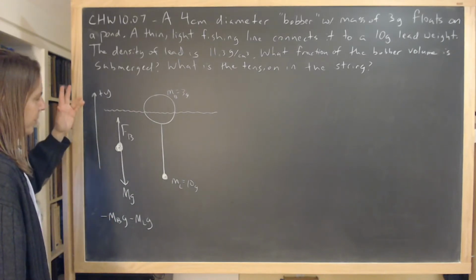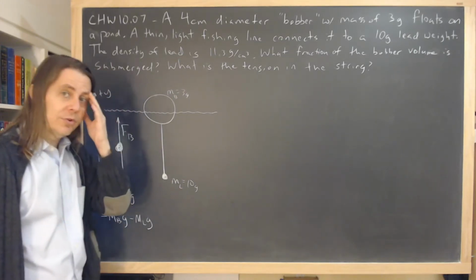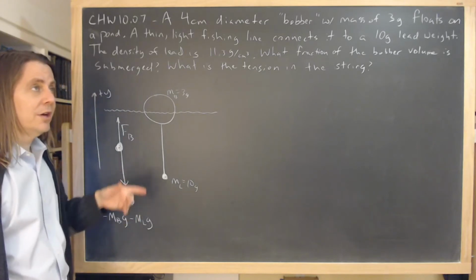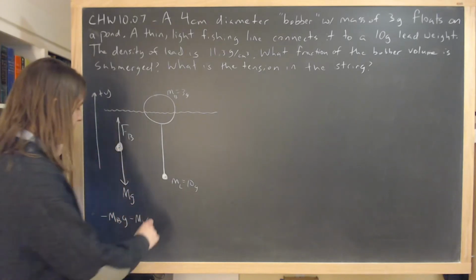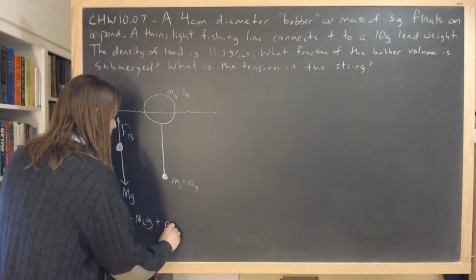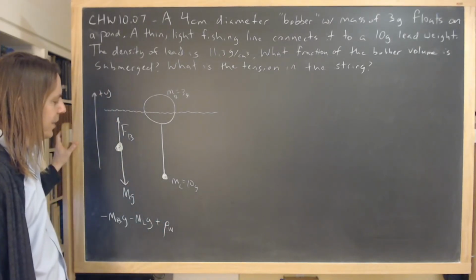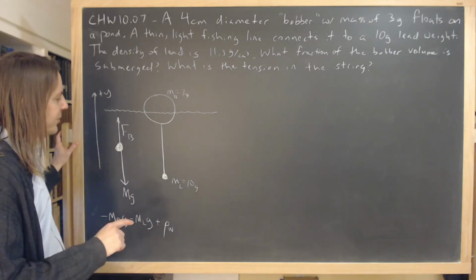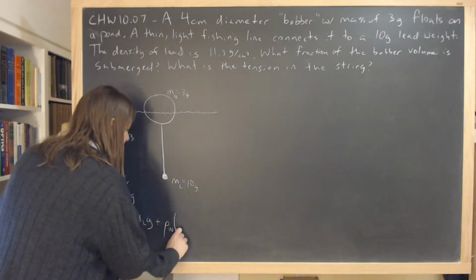And now we do the forces up, the buoyant force. So the buoyant force is always the weight of the fluid displaced. So it's always the density of the water, density of the fluid, times the volume displaced. So we actually have 2 volumes displaced here.